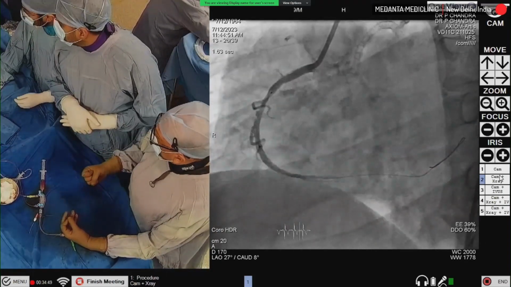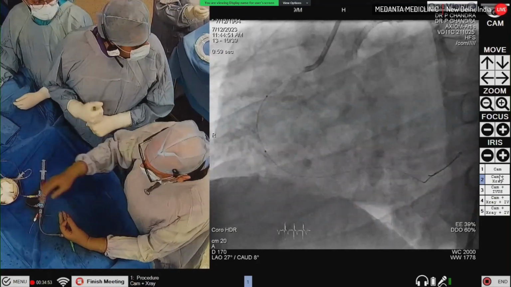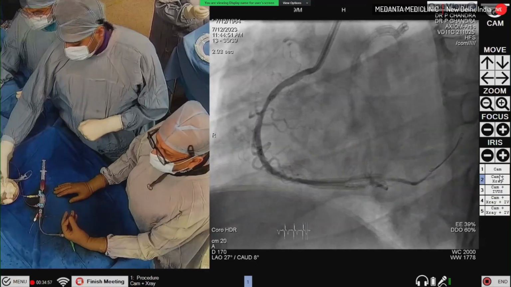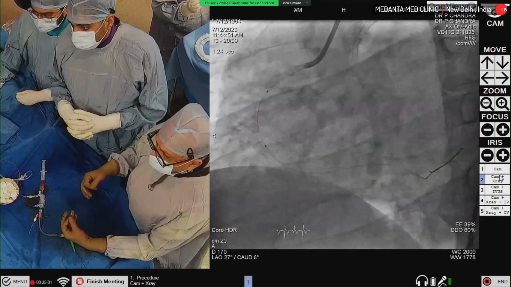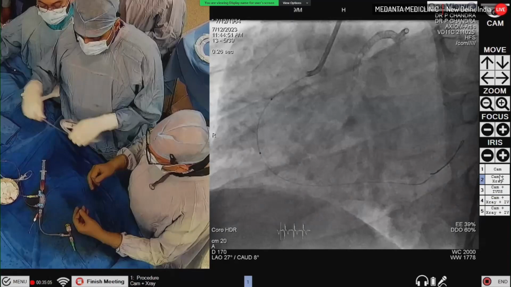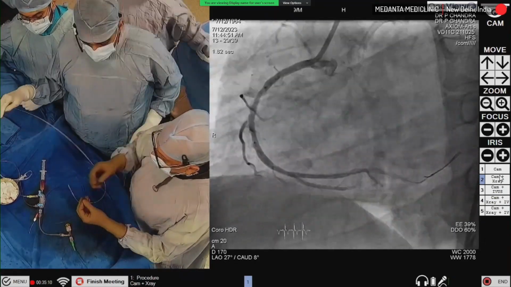So there are plaques all over, but certainly we'll match the luminal diameter in the distal segment, and then proximally we can go a little higher with a 3.5 if required. Yeah. So we are taking a 3.0 38. 38.